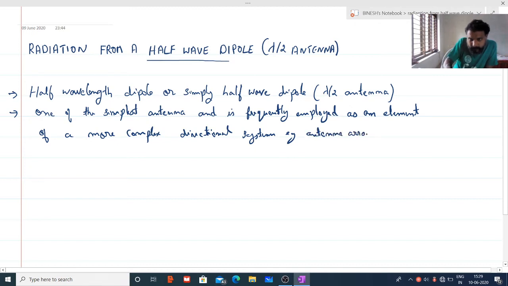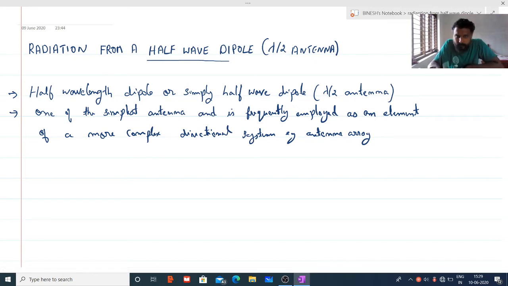Why I discuss this is that in the next module we will discuss the antenna array, so you should have knowledge of this half wave dipole antenna. You should know the current flowing through the dipole antenna, the total power radiated by it, and the radiation resistance of the dipole antenna, while we derive the radiation pattern of the antenna array in the third module.